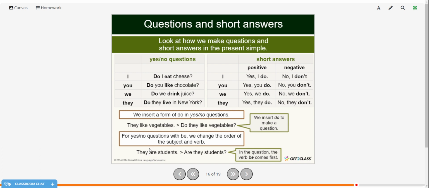Because are is a form of to be, we can't say do they are students. We would just have to change the order, move the verb to the beginning of the sentence, and it becomes are they students. So if it's a form of to be, the verb comes first. Otherwise, you just add do to the front.